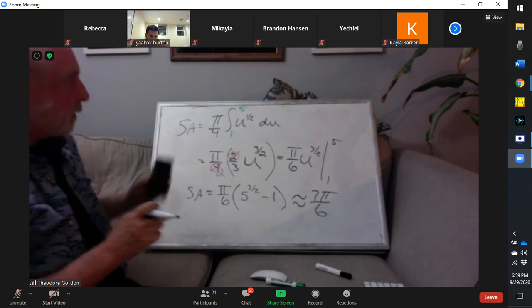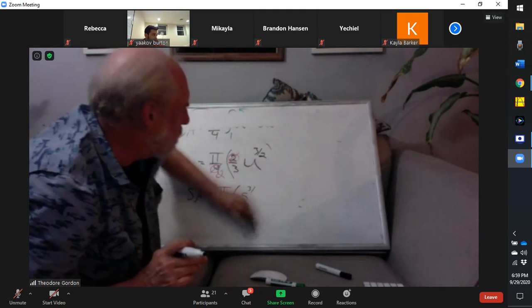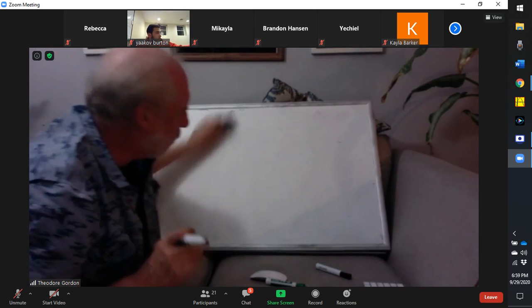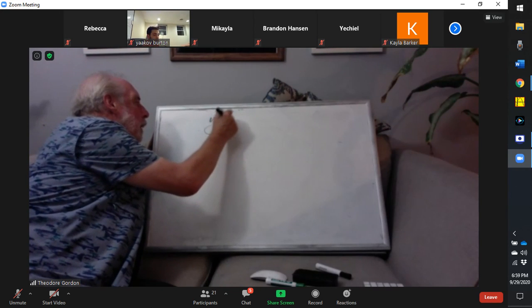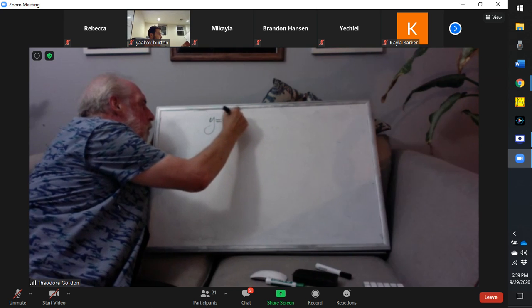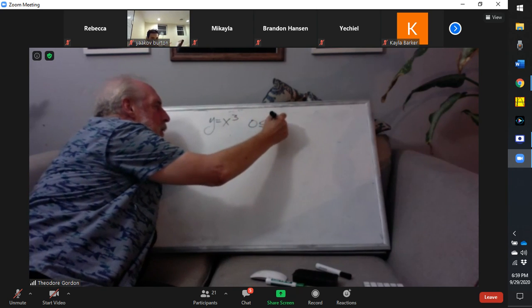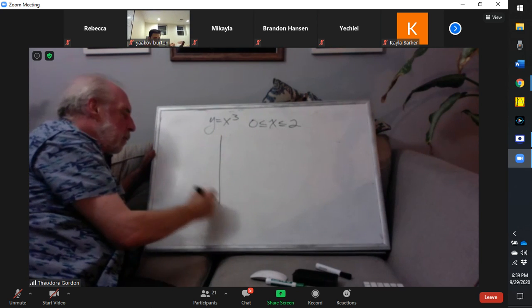Okay, next example. Y equals x cubed. And we're going to go from x equals 0 to 2. Okay. So y equals x cubed looks like this.